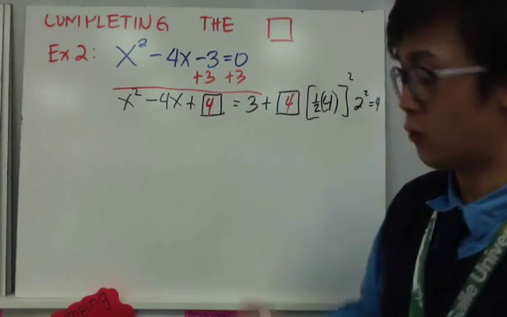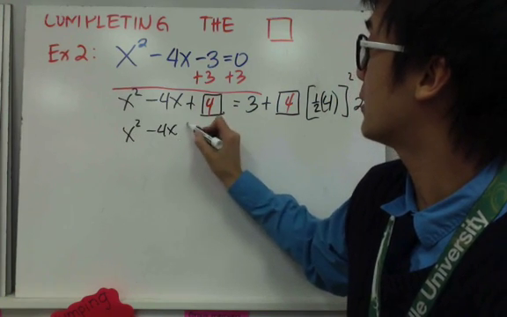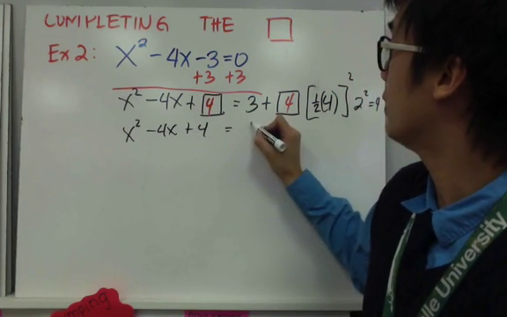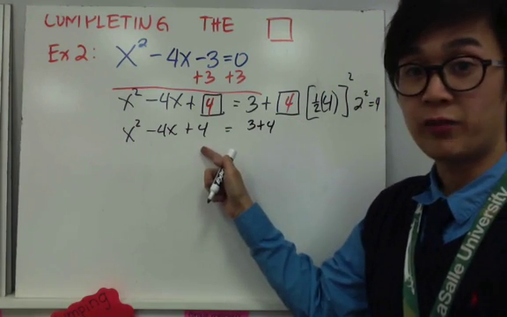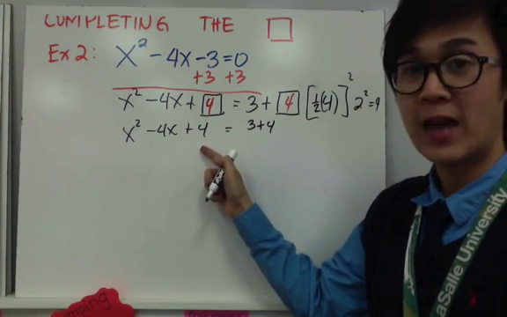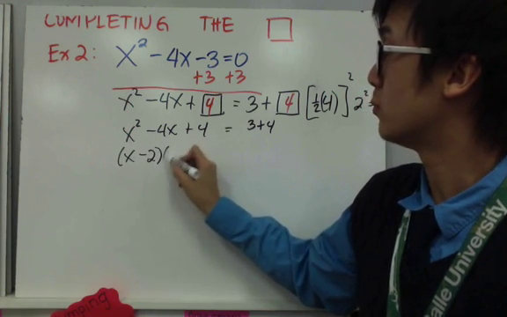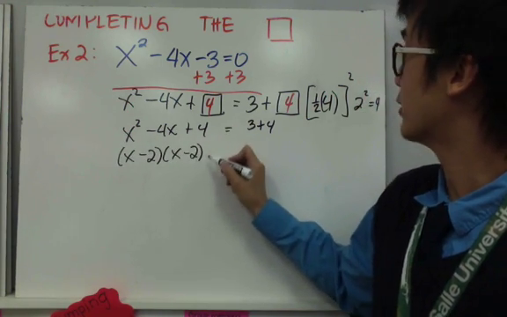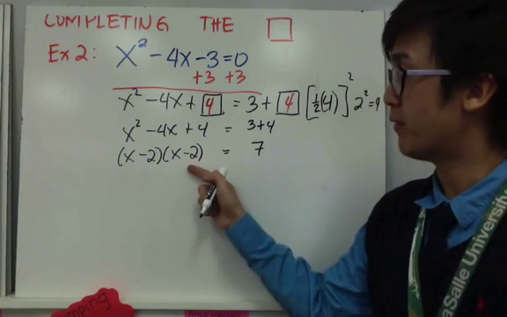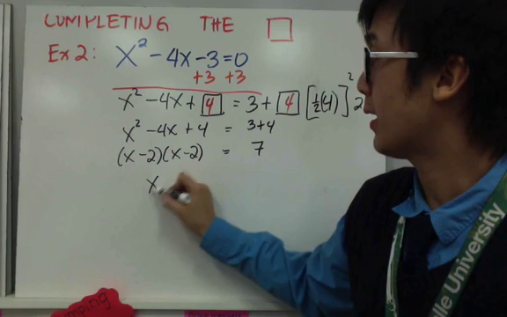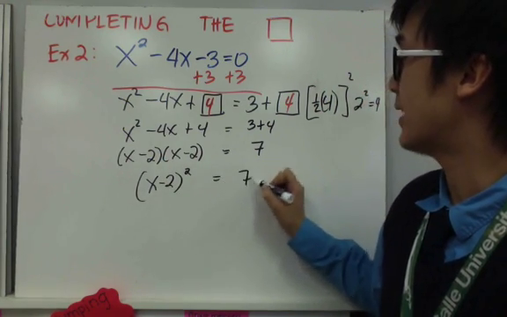Now we have x squared minus 4x plus 4 equals 3 plus 4. This is a perfect square trinomial, so we can factor it into x minus 2, x minus 2 equal to 7. To further simplify this, we can combine them and we'll have x minus 2 squared equals 7.